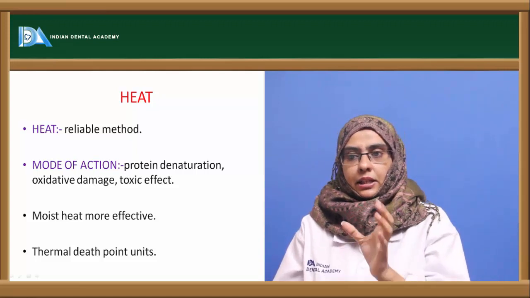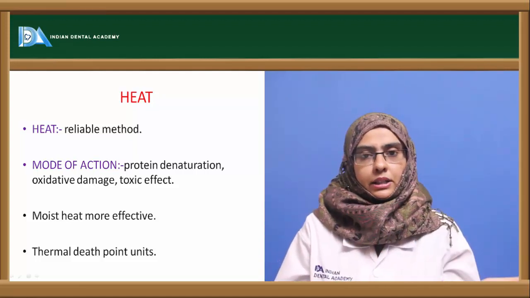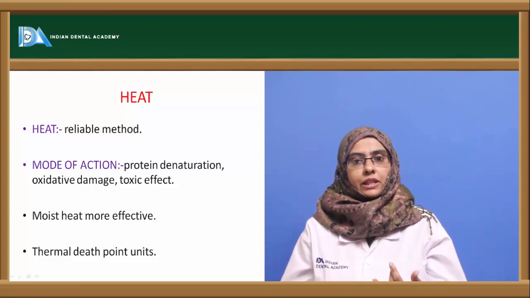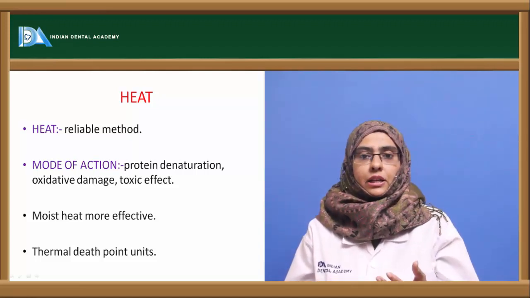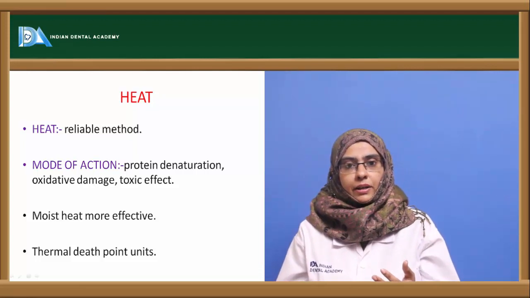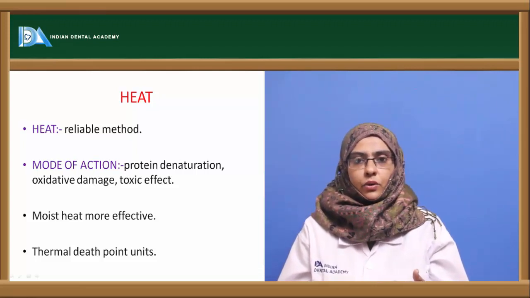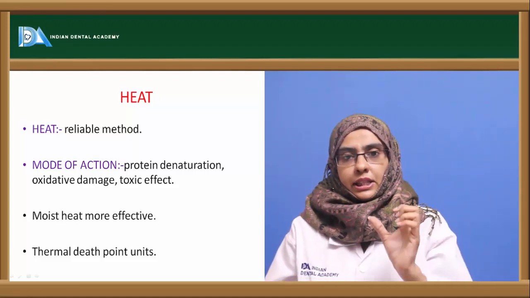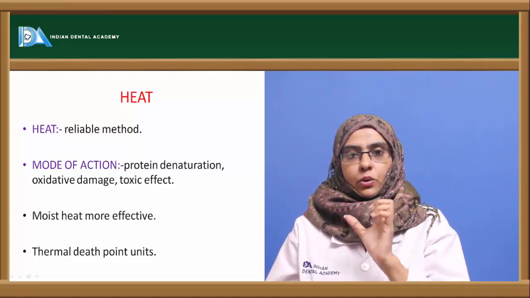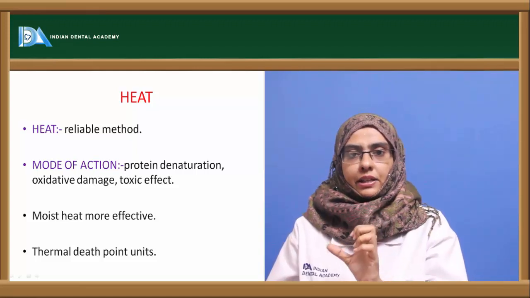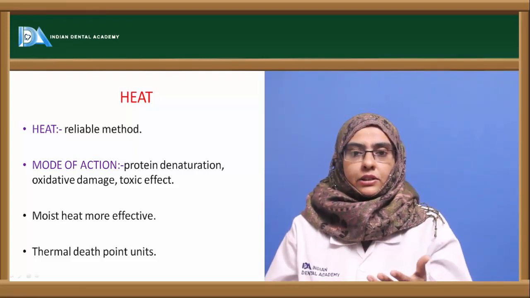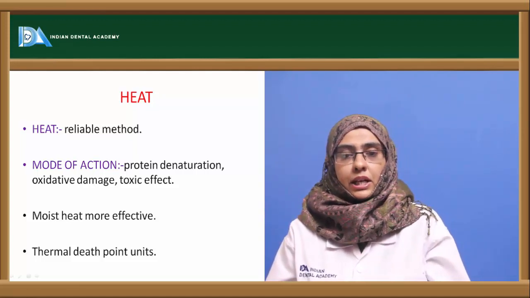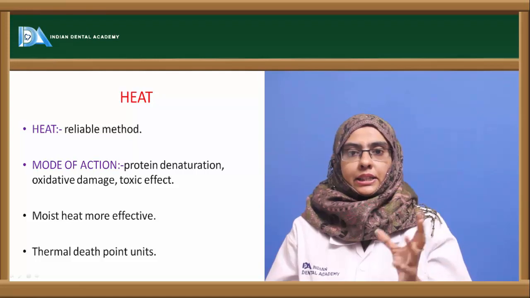This thermal death point will vary from one organism to another depending upon what type of culture you are using, whether it is a young culture or an old culture, whether it is a dormant one or an actively growing one, whether it is a vegetative form or a sporulating form, because each organism has its own way of surviving in nature. Vegetative or actively growing organisms can be easily killed when exposed to heat, whereas sporulating forms are resistant forms and are not easily killed by heat.